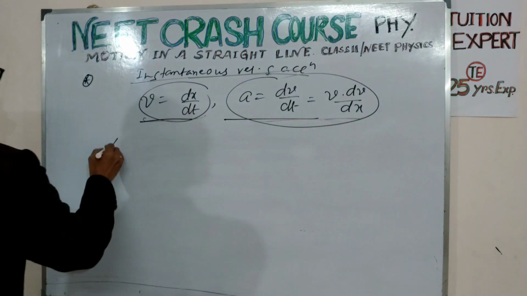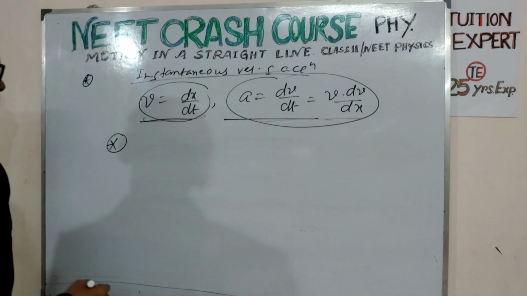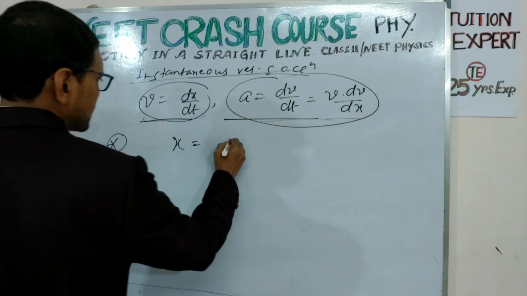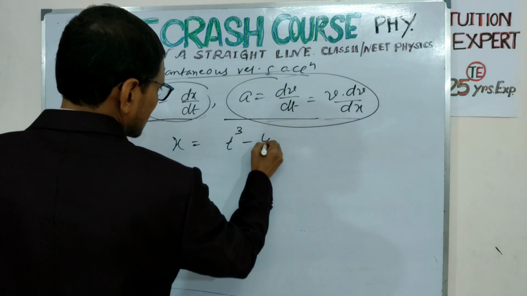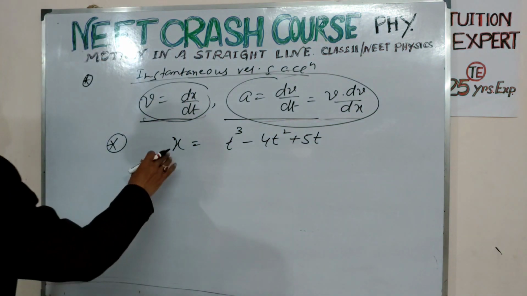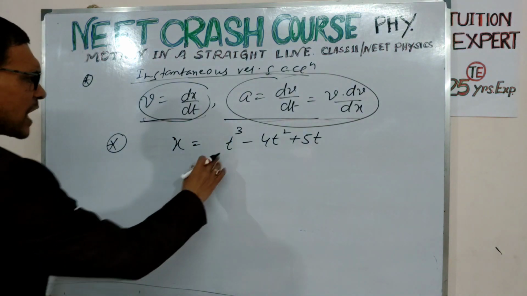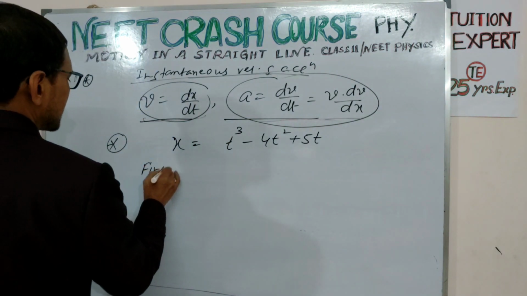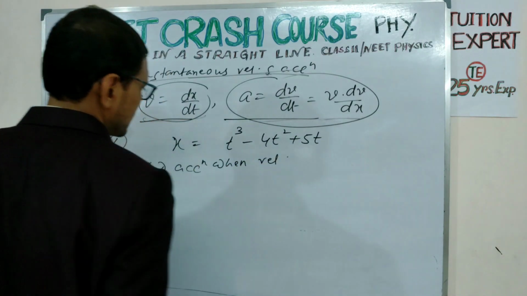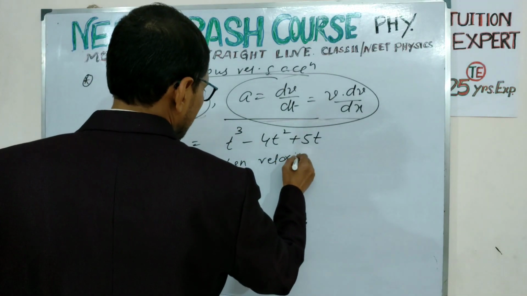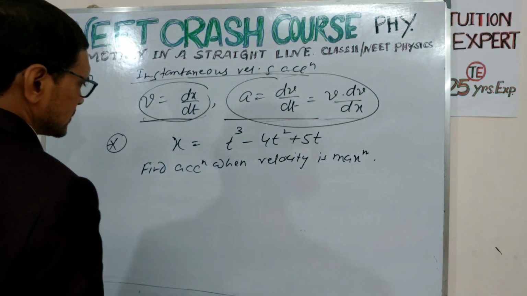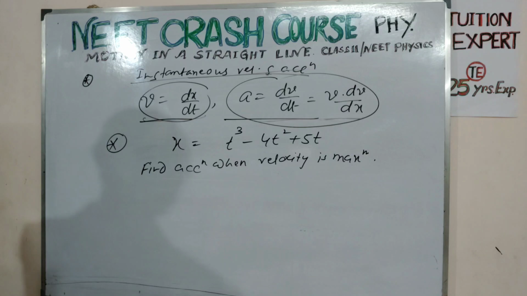So some problems I will discuss. Suppose distance traveled varies with time like this. Find acceleration when velocity is maximum.